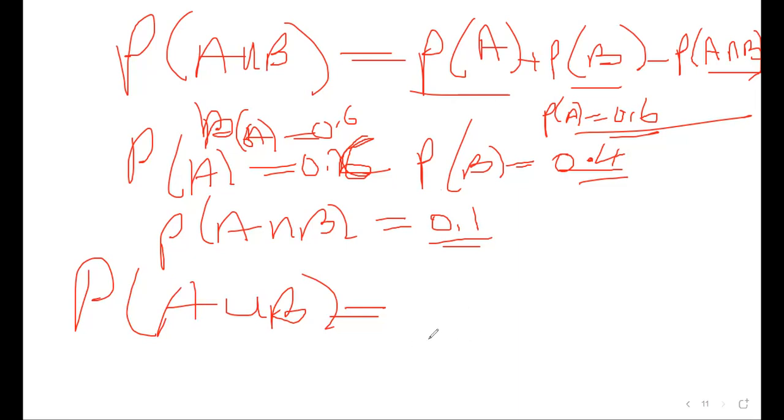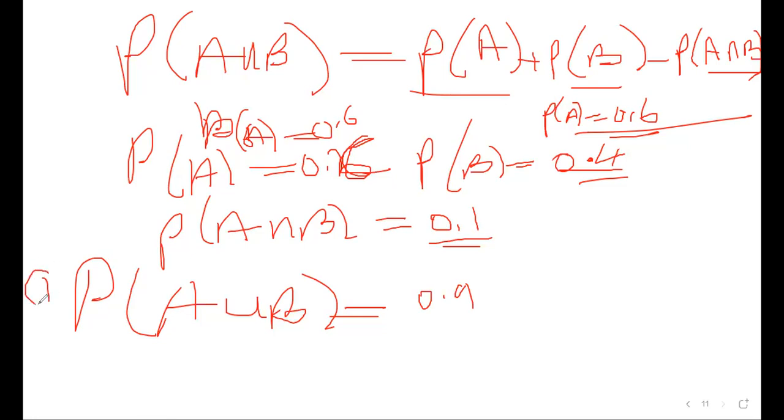Hello? Yes, we are. So what's the answer for the probability of A union B? You have the probability of A plus the probability of B minus the probability of A intersection B, which gives you 0.9. Correct.